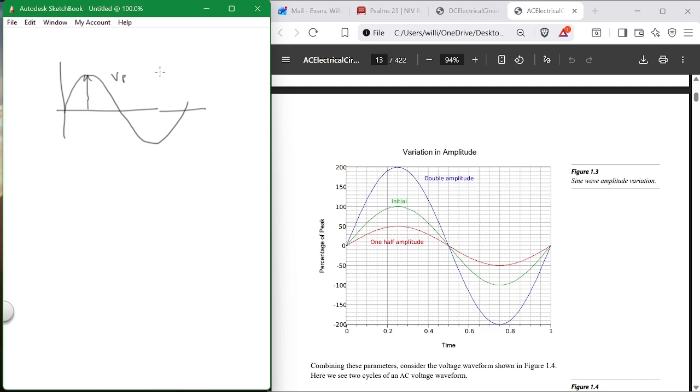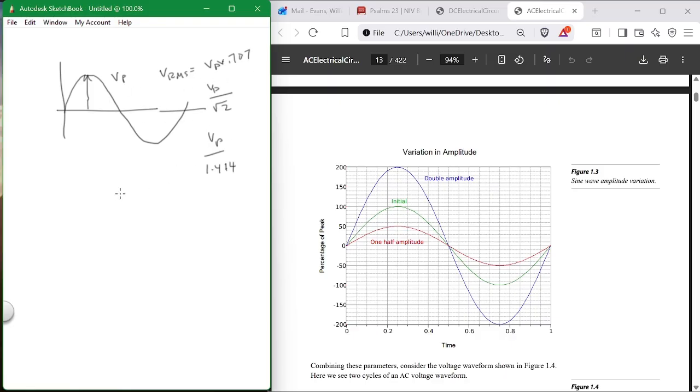When we're talking about voltage, we say VRMS, which is equal to V peak times 0.707, or V peak divided by square root of 2, or V peak divided by 1.414. Anyway, square root of 2. So VRMS is something a little bit less than the peak, but we don't talk about it. We just talk about VRMS.